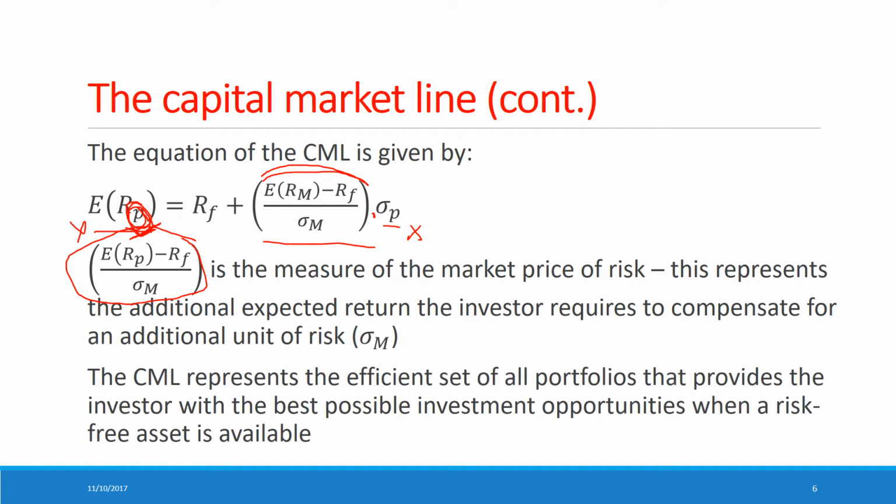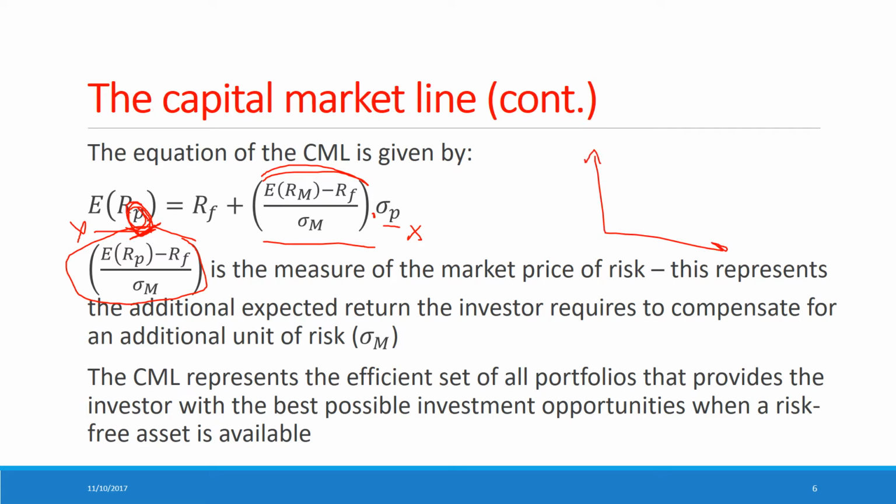So the CML, or the capital market line, represents the efficient set of all portfolios that provides the investor with the best possible investment opportunities when the risk-free asset is available. So this is what we mentioned before when we look at the graph.